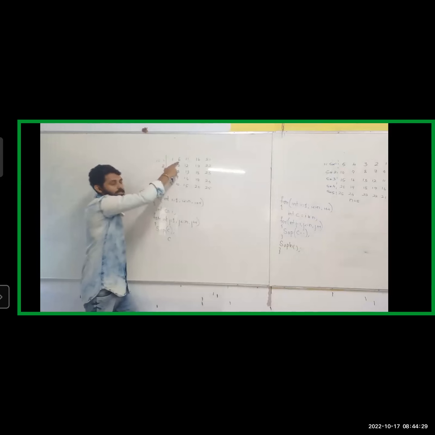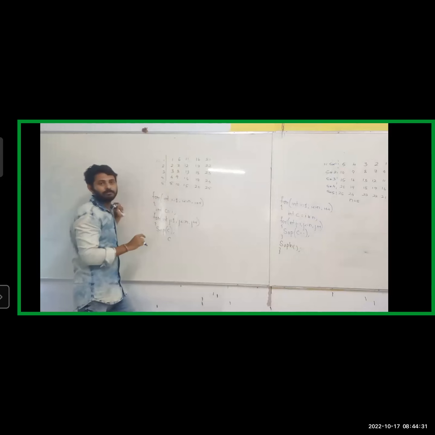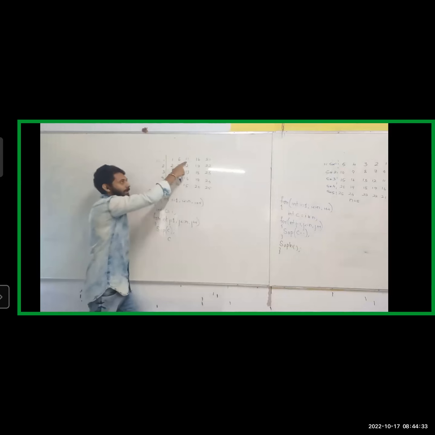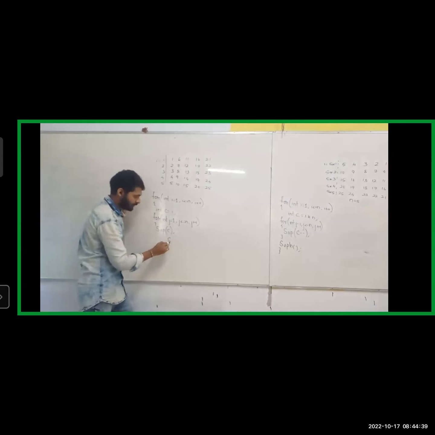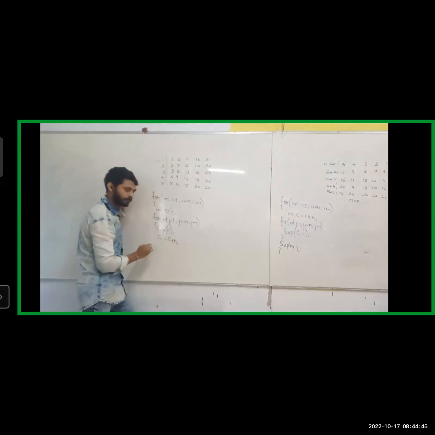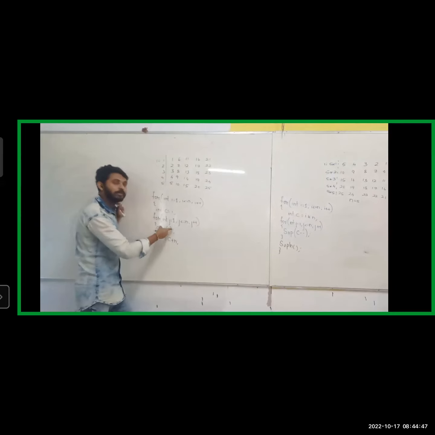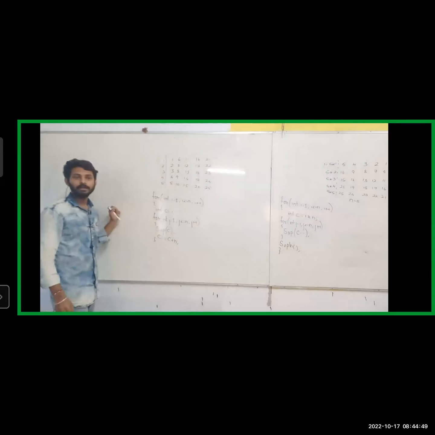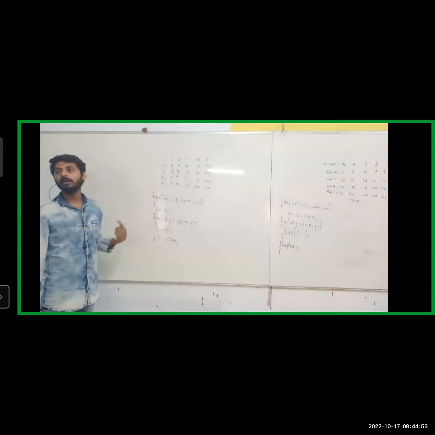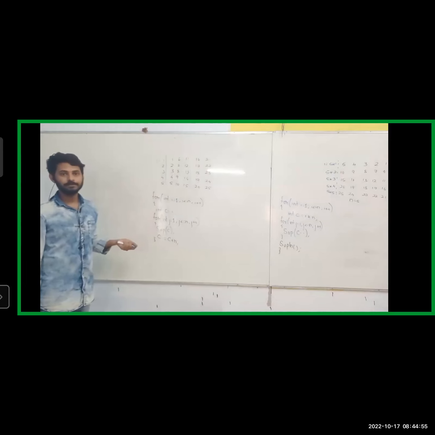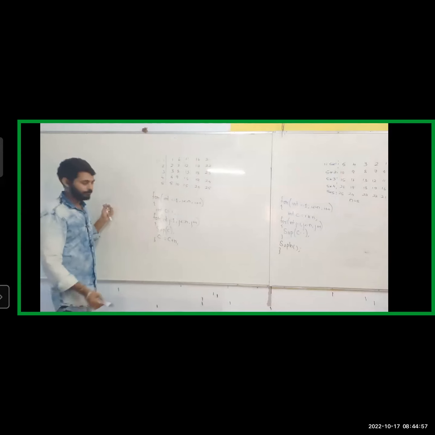For this 6, how much if I add, I'll get 11? 5. If I get 11, how much should I add for getting 16? 5. Same applies for the next. So what should I do? First you take the value of C, add to it and store it back in C, so that C only will get printed again and again. And every time this j loop is working, the value of C is getting changed. Clear with my point? Okay.